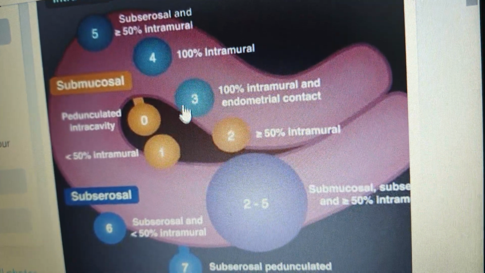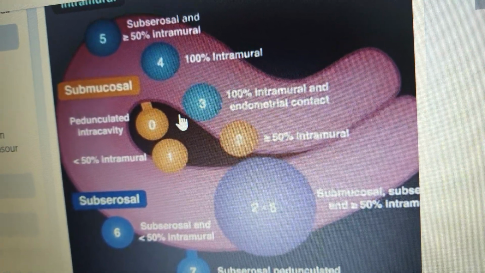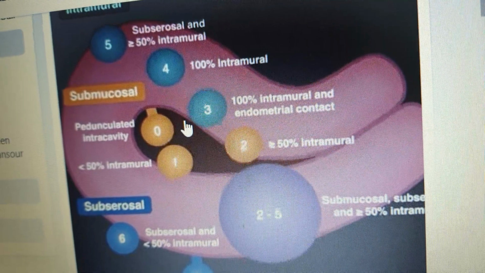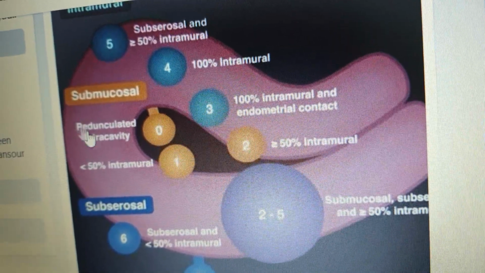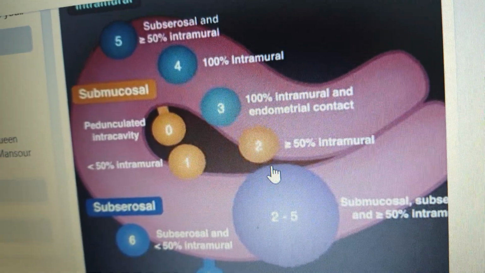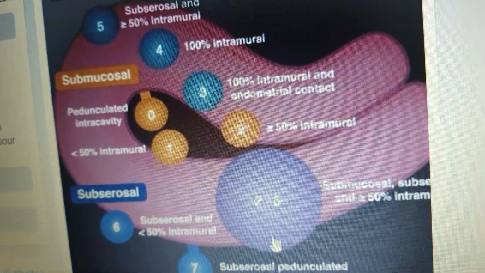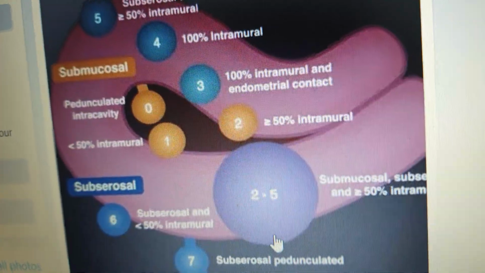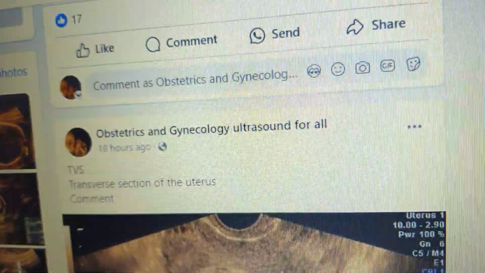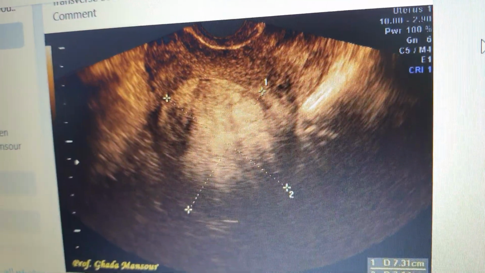For example, here we have 100% intramural, but still it's abutting the endometrial part. And accordingly, of course, you can say 2 to 5, that means that it is still abutting the endometrium, and still it's intramural, and part is also subserous. So getting again to the picture, you can determine the degree of this myoma.